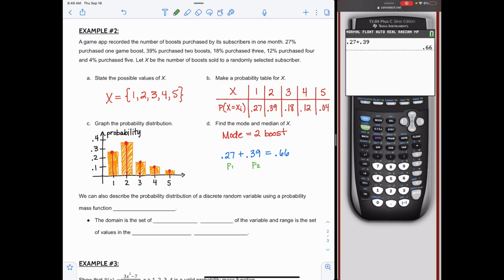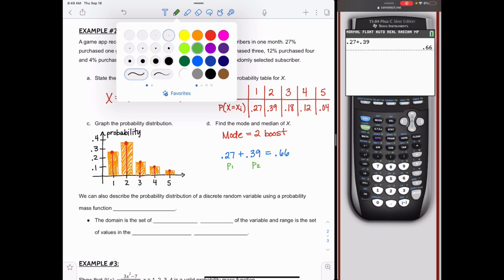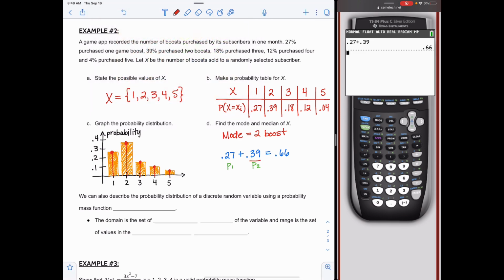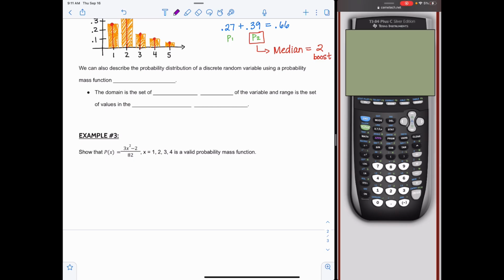Because I added my P2, my median is going to be 2 boosts. Okay? So just remember that in order to find the median, you are adding up the probabilities until you see that the cumulative sum of those probabilities is 0.5 or greater, and whatever value of X had the probability that caused your sum to be 0.5 or greater, that is the median.